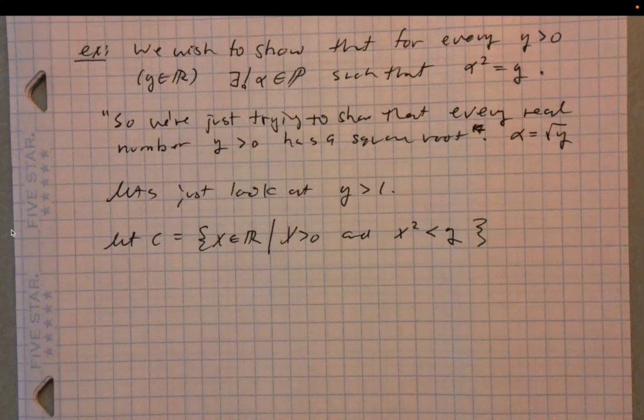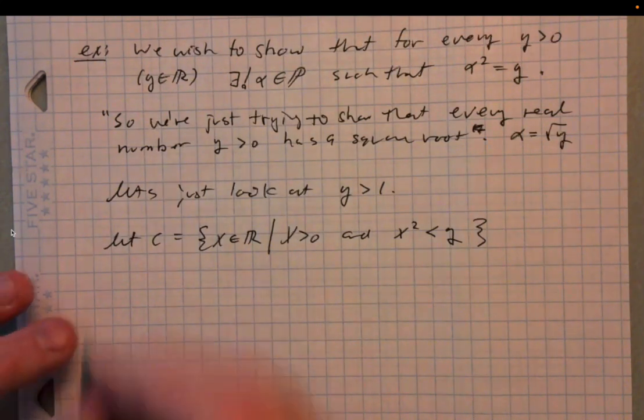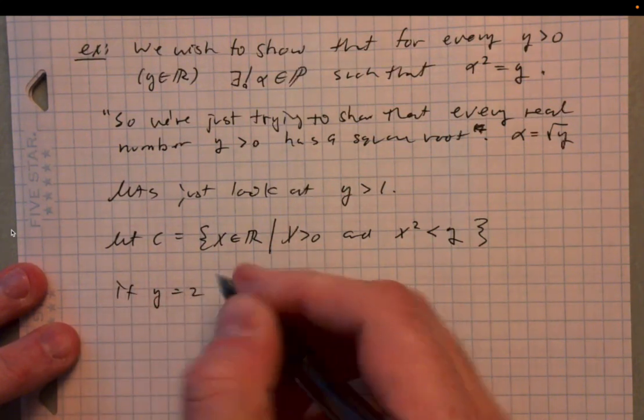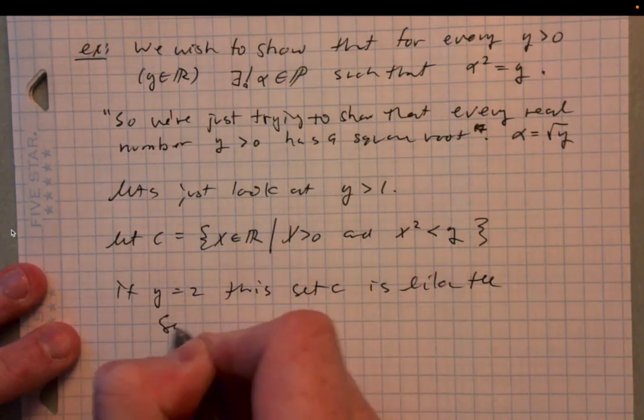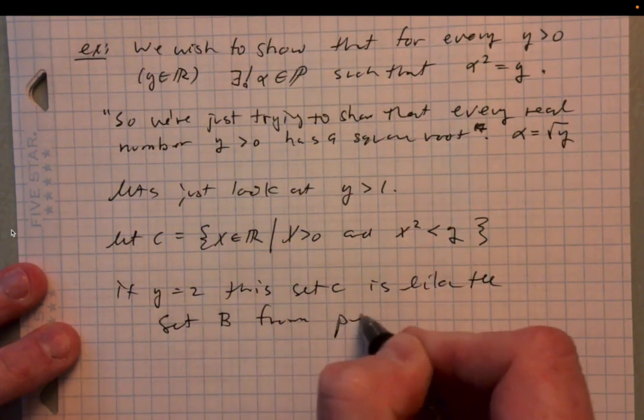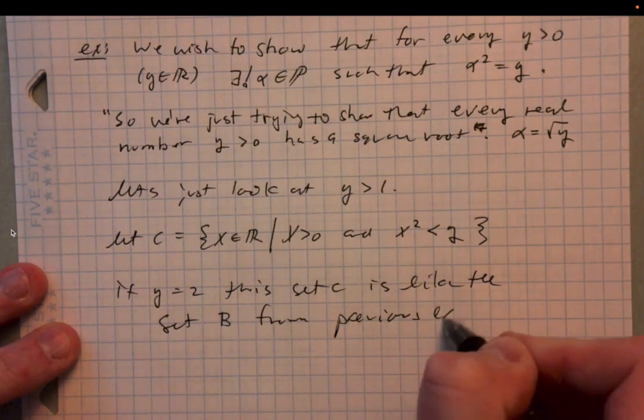This set C is more generally defined, right? y is a variable, a general number. And also, importantly, x is no longer a rational number. So x, in this case, is a real number. Big difference, right? If we think of y equals 2, then this set C is basically similar to the set B that we saw before. So if y equals 2, this set C is like the set B from previous examples.